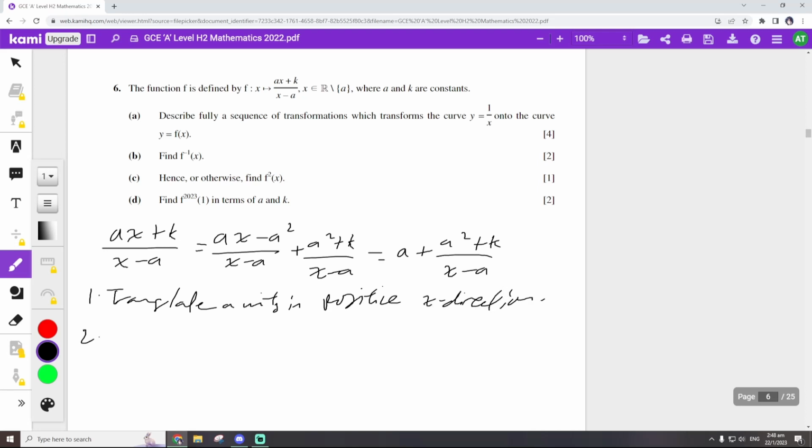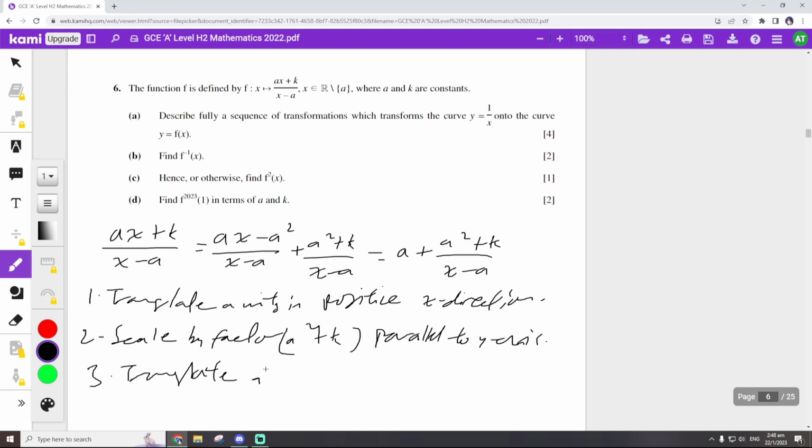Okay, my second would be scale by factor a squared plus k parallel to the y-axis. Then third, translate a units again, in the positive, this time the y direction. Okay, so those are the 3 transformations I need to make.